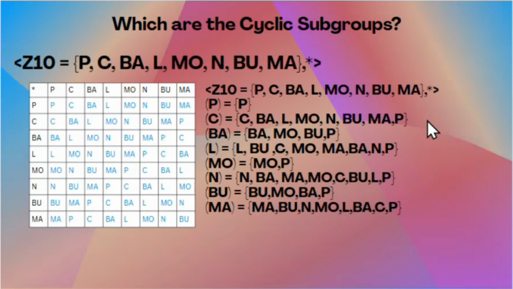And then for Z sub 10, we have P, C, BA, L, MO, BU, and MA.